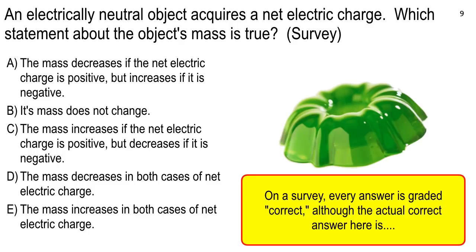Thirty seconds to vote. Twenty seconds. Ten, 9, 8, 7, 6, 5, 4, 3, 2, 1.